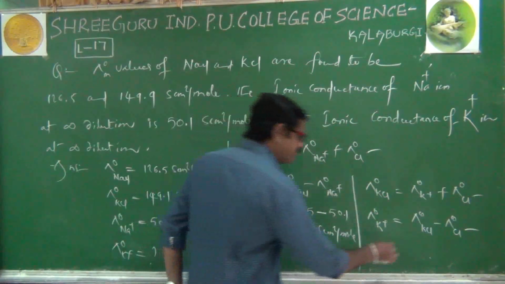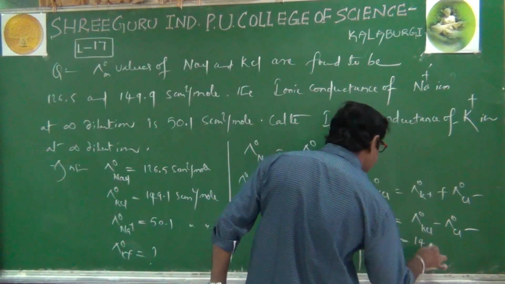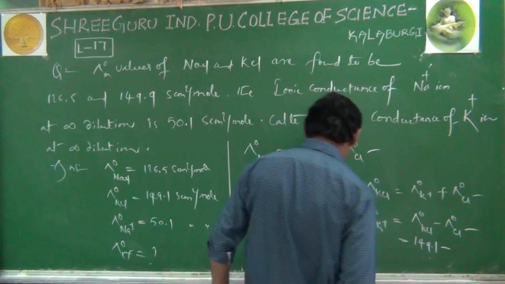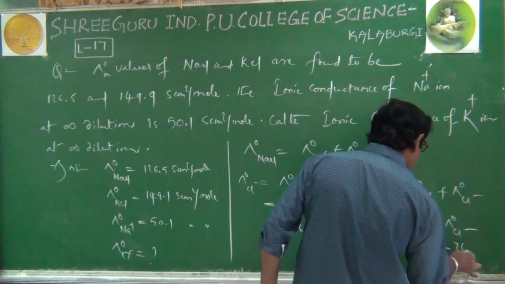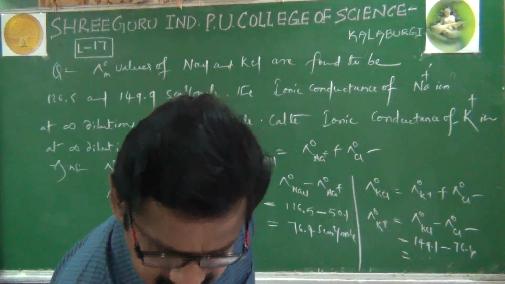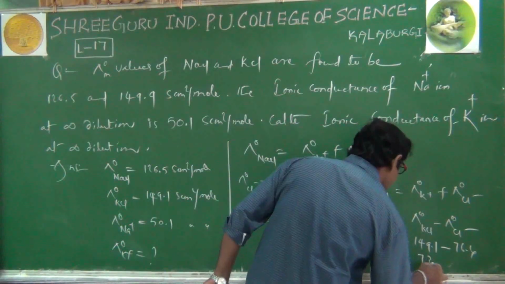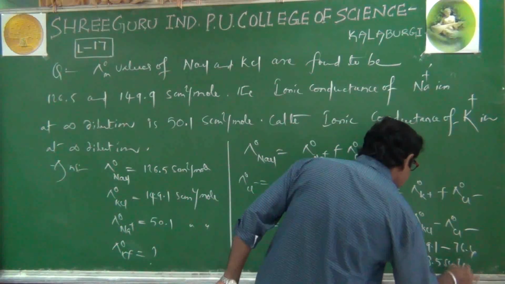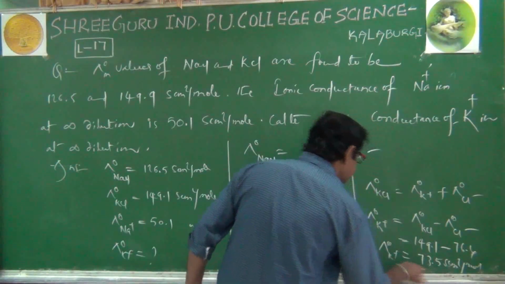That's it. Therefore, if you substitute the values, KCl value is 149.1 minus Cl minus value just now calculated 76.4, and if you subtract, you will get 73.5 Siemens centimeter square per mole. This is the limiting molar conductance of K plus.